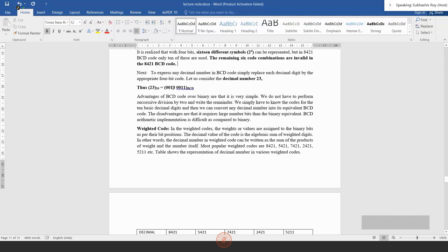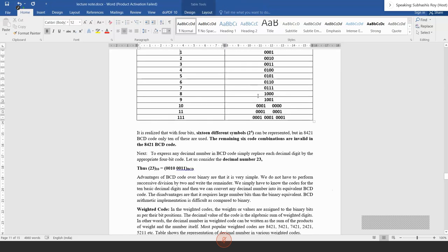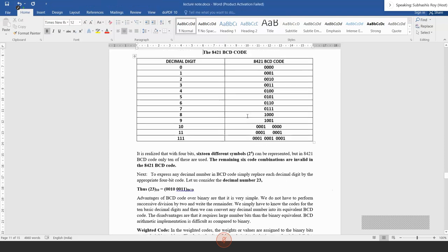The advantage of BCD code over binary is that it is very simple. When you go for bigger numbers, suppose I want to represent triple one in binary, can you directly represent it?